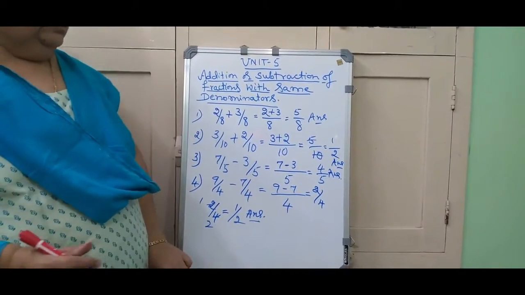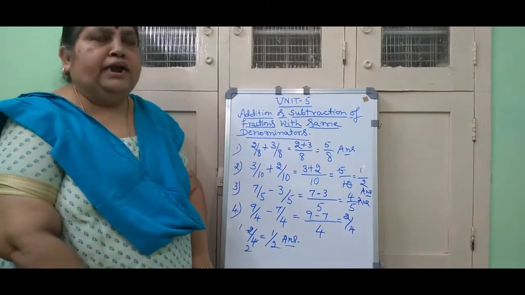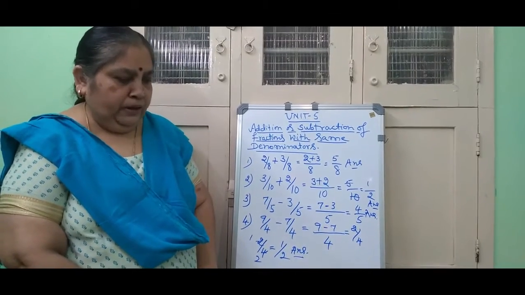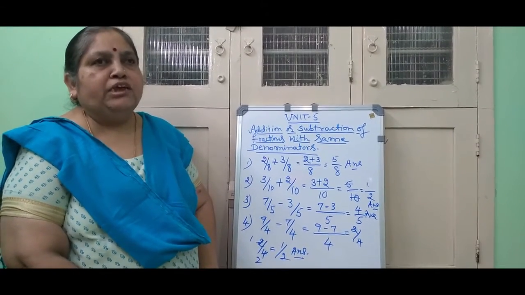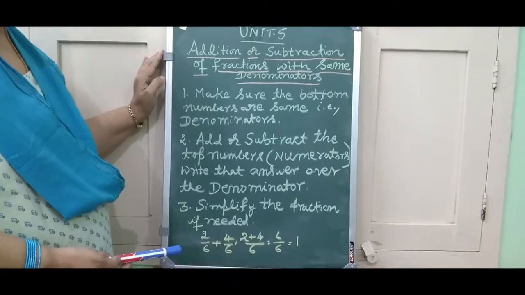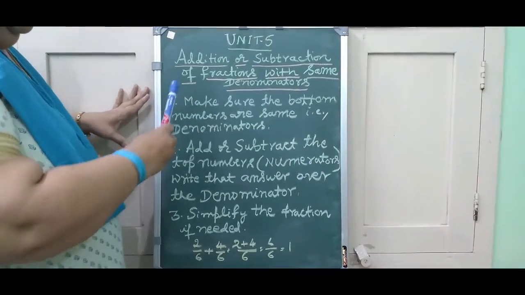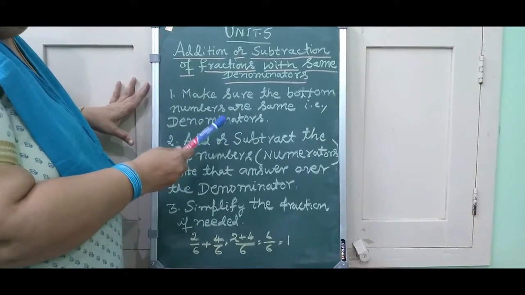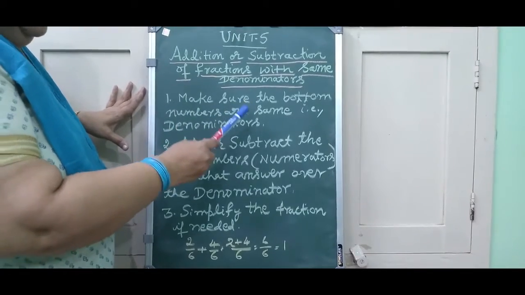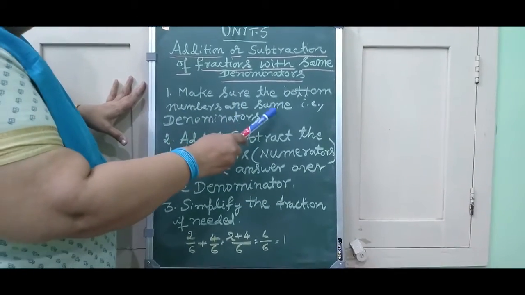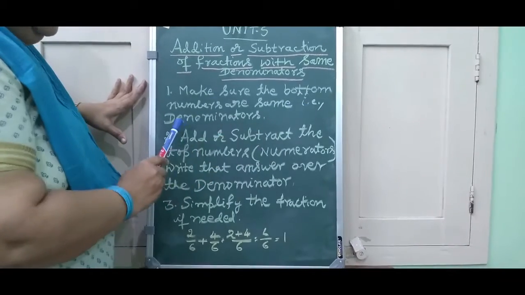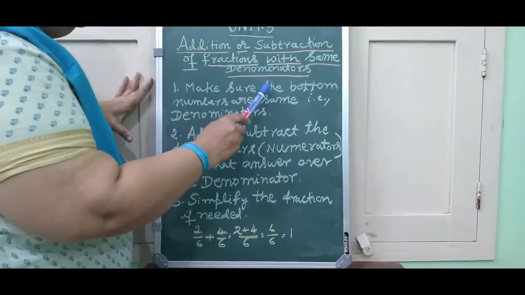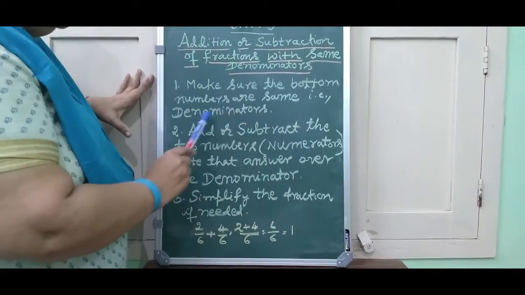So this is how we can add or subtract fractions with the same denominators. Now let us know the summary of this once again. For the addition or subtraction of fractions with the same denominators, first make sure the bottom numbers are same, that is denominators.